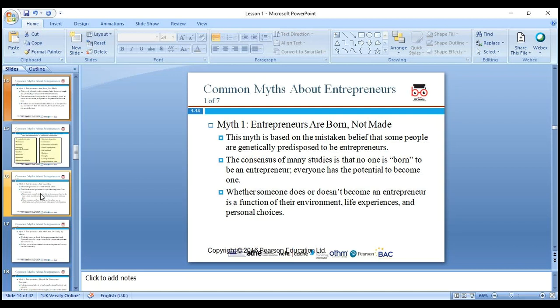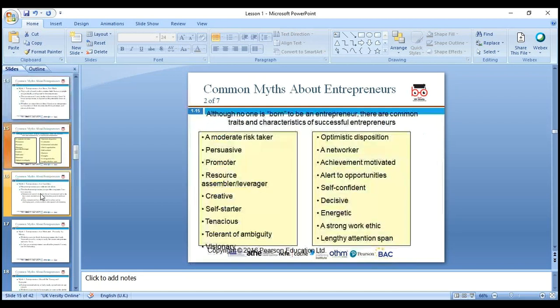The consensus of many studies is that no one is born to be an entrepreneur. Everyone has the potential to become one. So everybody can become their own boss, we just need to learn. Whether someone does or doesn't become an entrepreneur is a function of their environment, life experience, and personal choices.